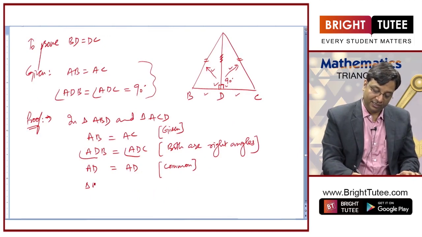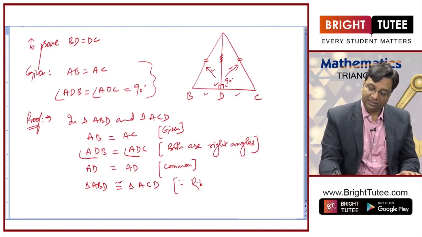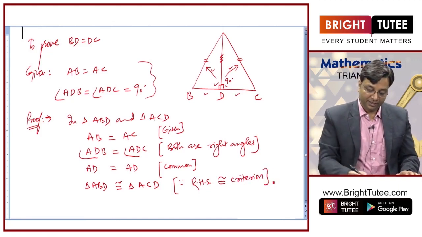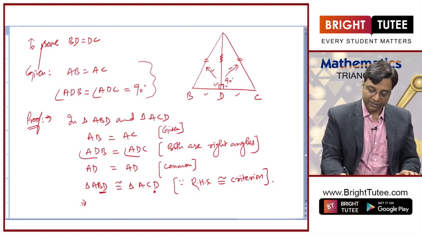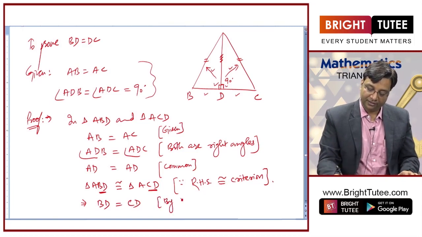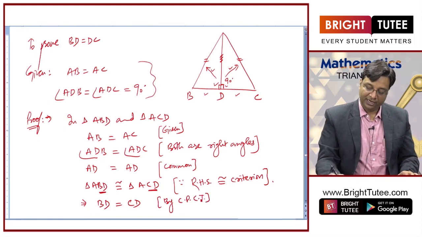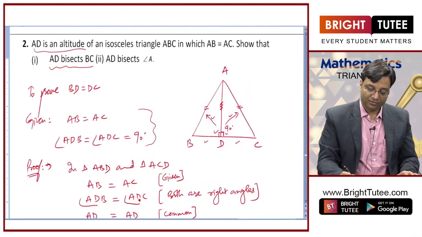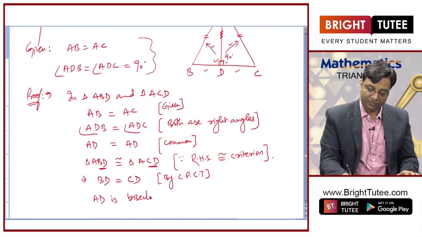So I can say that triangle ABD is congruent to triangle ACD because of RHS congruency criterion. Hence BD is equal to CD by CPCT, and we can say that AD is bisector of BC.